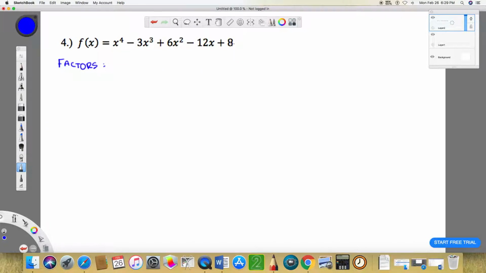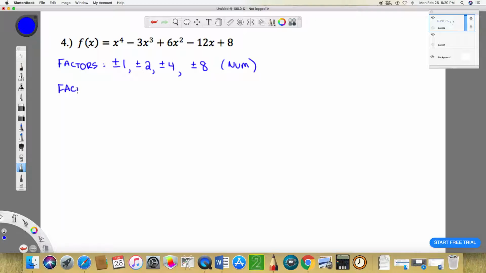We look at the constant term 8, and we look at the factors of 8, the integers that divide 8, and that's 1, 2, 4, and 8. These are going to be numbers that we put in the numerator of a list of possible rational zeros.